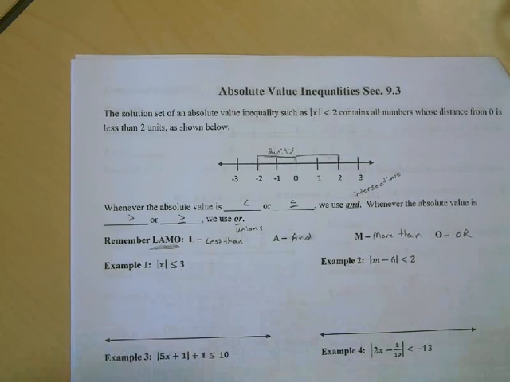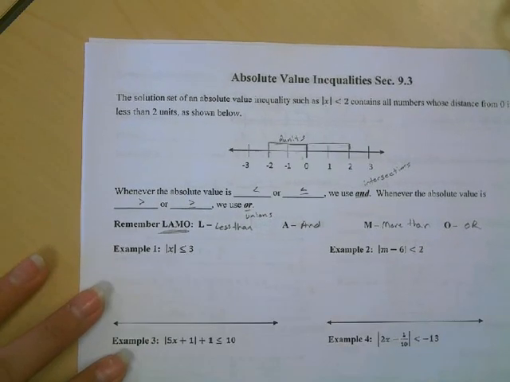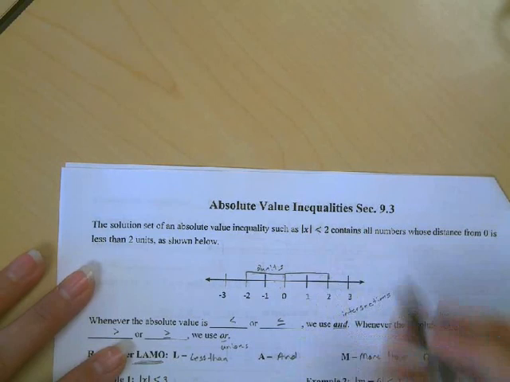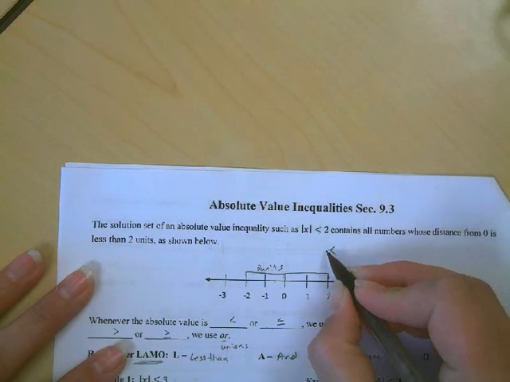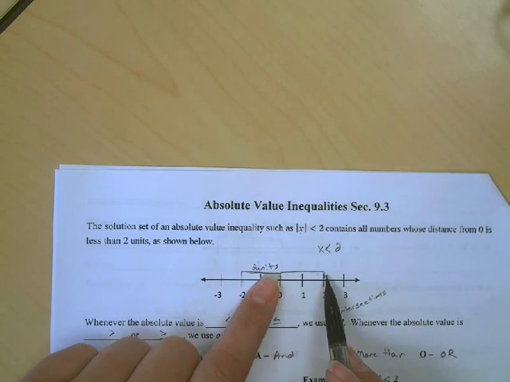For instance here, the absolute value of x is less than or equal to 3. Just like on this top one, when you're talking about distance, that means x could be less than 2, because anything from 0 to 2 was going to work.